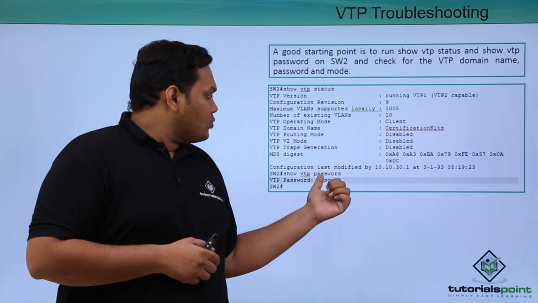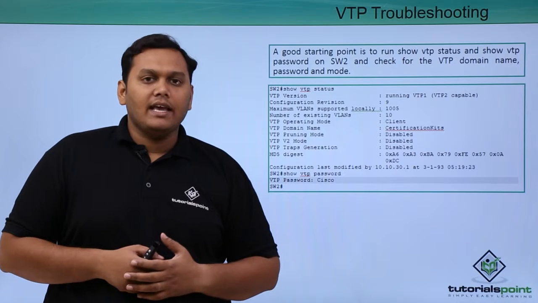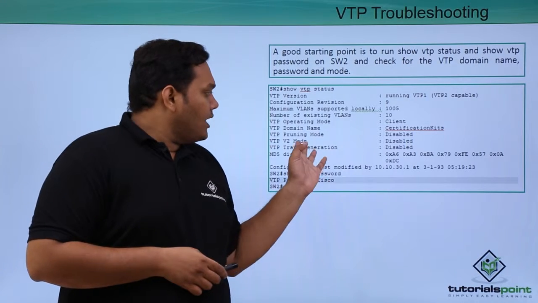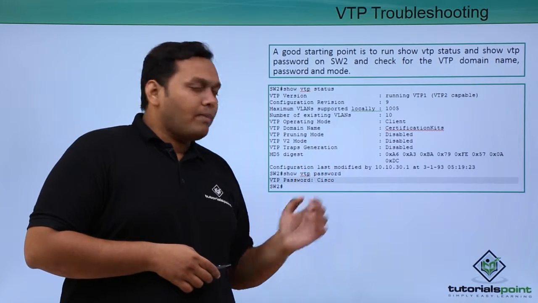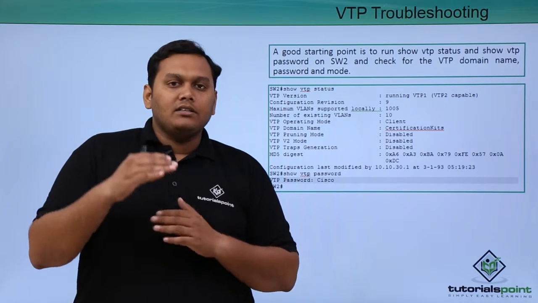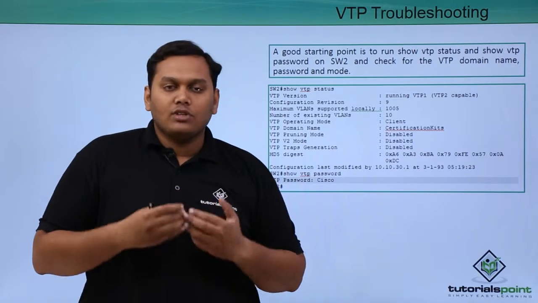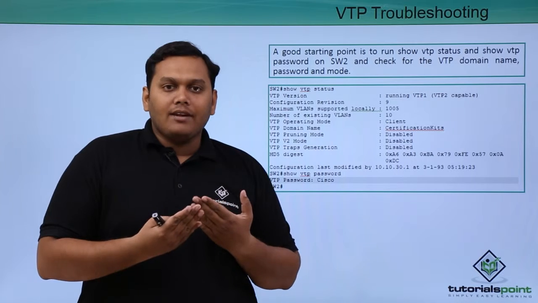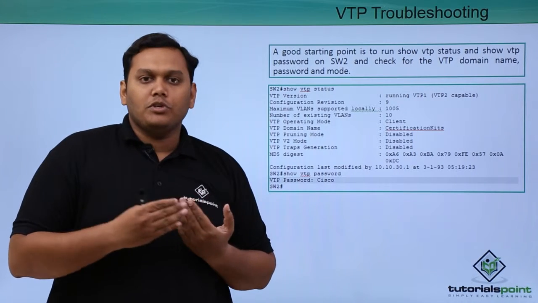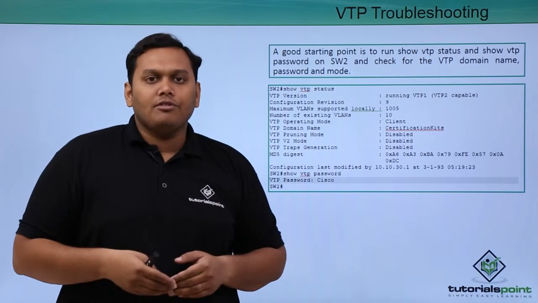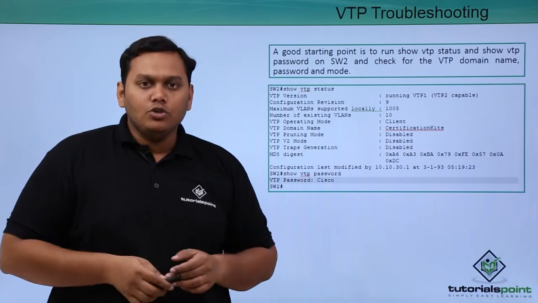If the password was entered as capital CISCO, with the C in capital letters, that is the reason the VTP advertisements are not propagated from switch 1 to switch 2, so the VLAN information on switch 1 never reaches switch 2.